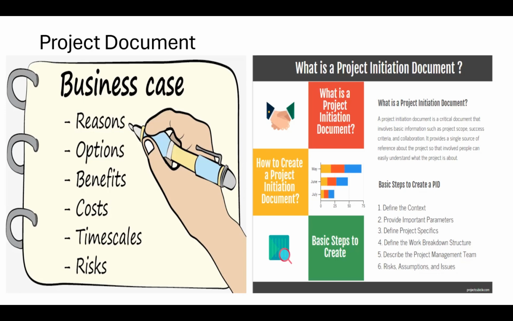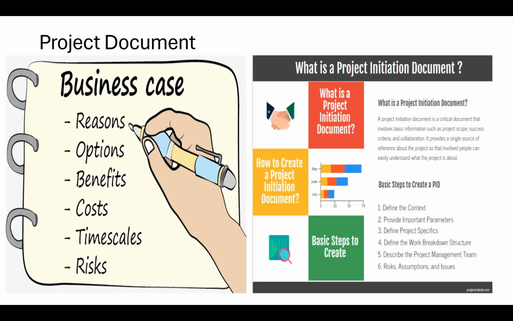Now, after that has been done, we'll progress to the project initiation document. And some of the things in the business case will be blown up, expanded in the project initiation document.